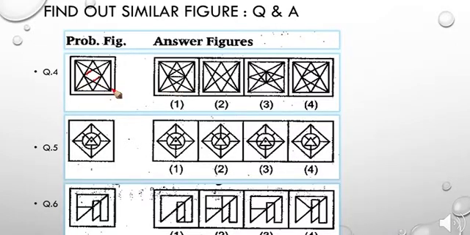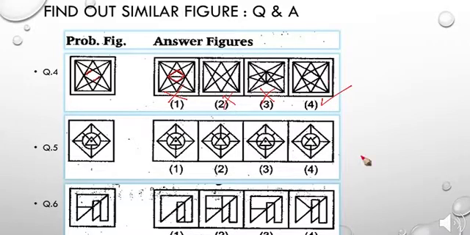So let's check. Options 2 and 3 we had rejected. Options 1 and 4 were left. In option 1 we see that the diamond shape design is there, inside which, however, there is a line. So this can't be the answer. What we are left with is option 4 only.